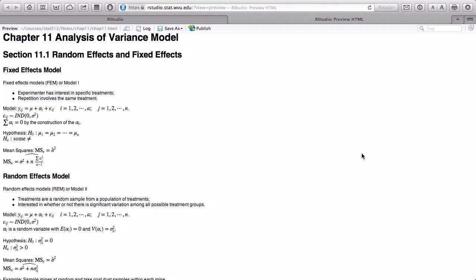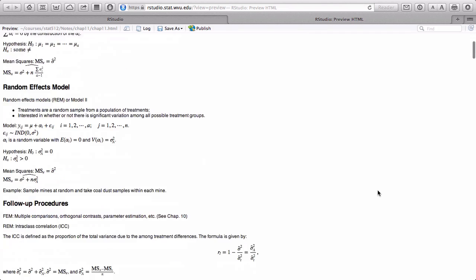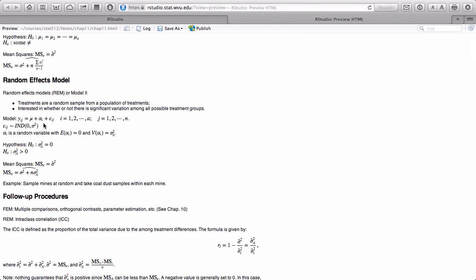So in the random effects model, we not only assume we have the same model, it looks the same, and by the way, these n's could be n sub i's. In other words, the sample sizes in each group could vary. The book is writing it as equal sample sizes, but they don't have to be equal.